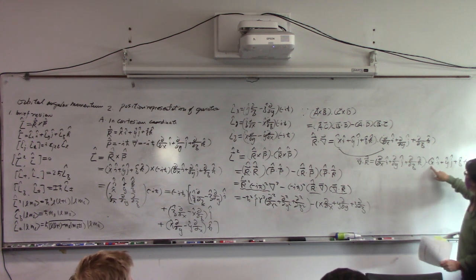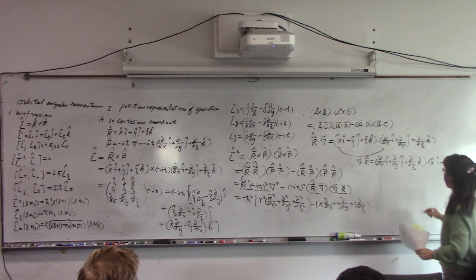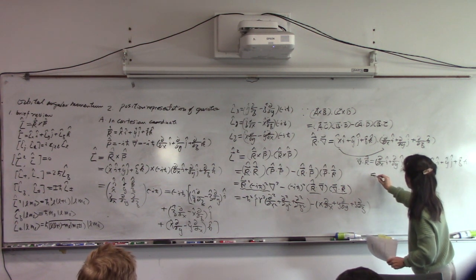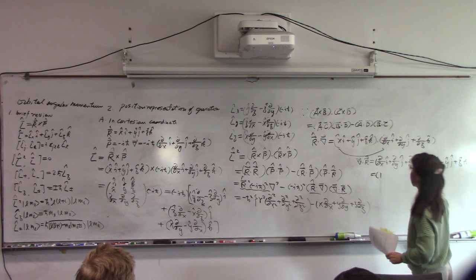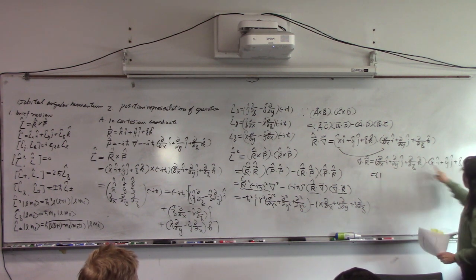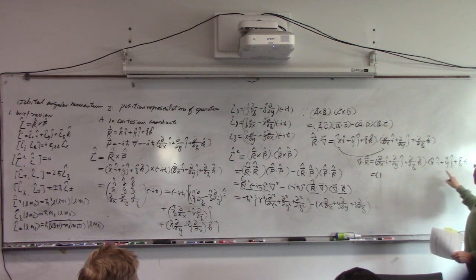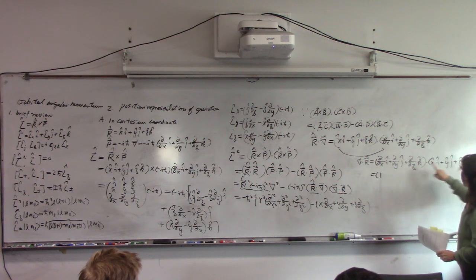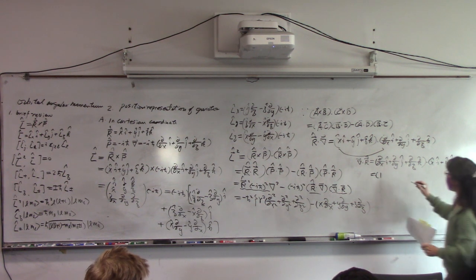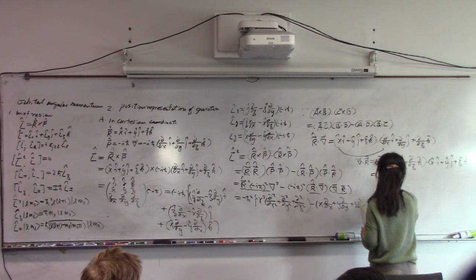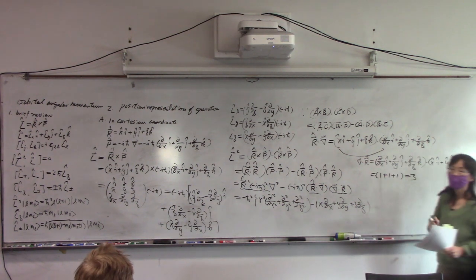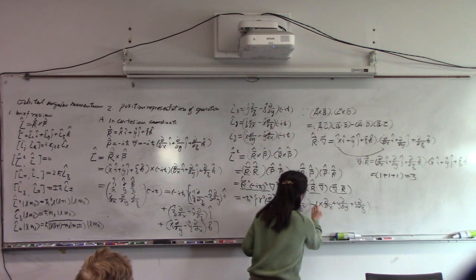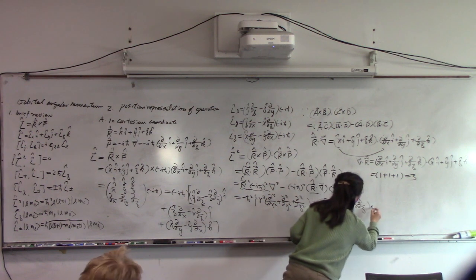It's partial x of x, 1, right? Because I want to rewrite the final result here. So the first one is 1. And this one is 0 because y is independent of x, right? Same thing for z. So that means only y to y and z to z, right? So each one we have a 1, 1 plus 1 plus 1. So that is 3. That makes sense? Okay, so now here, multiply 3, right? So now 3 I'm going to put here.